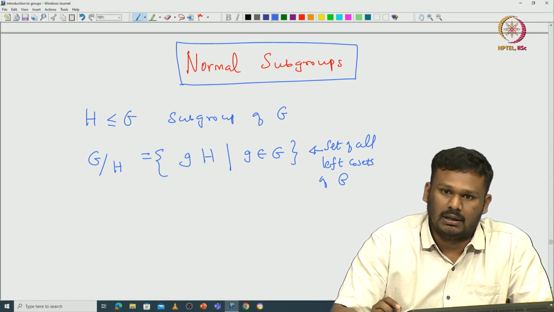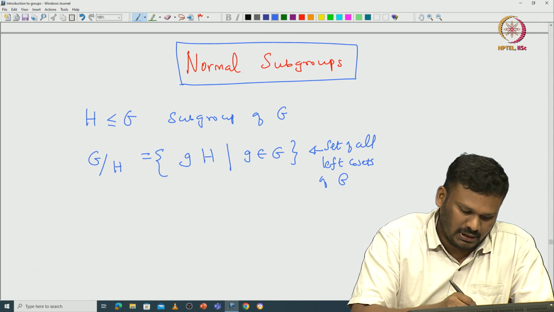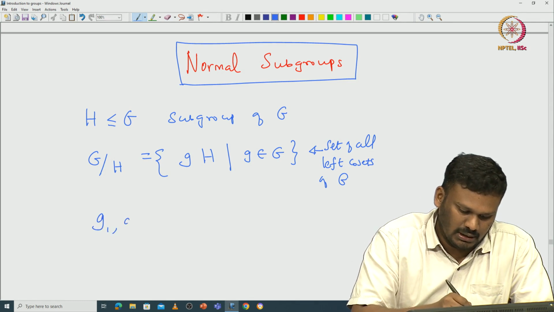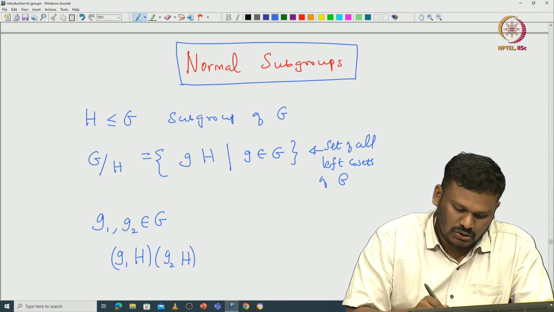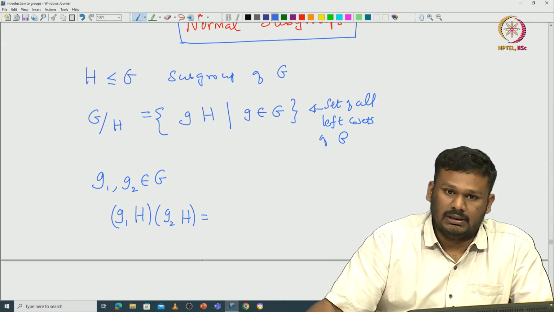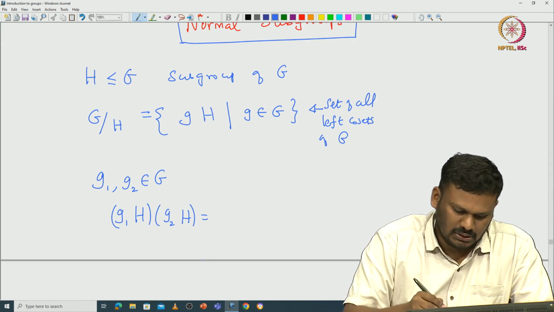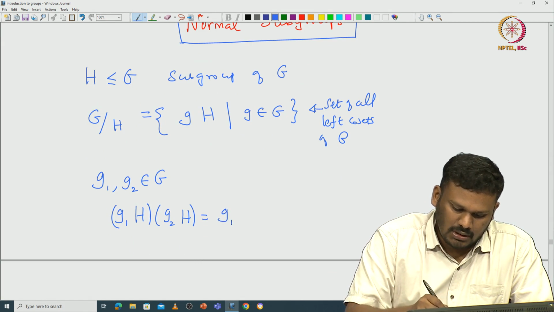respect to the following multiplication. If we take g1 and g2 from capital G, and then consider these cosets g1H and g2H, then we actually saw that this becomes a group with respect to this new product rule.